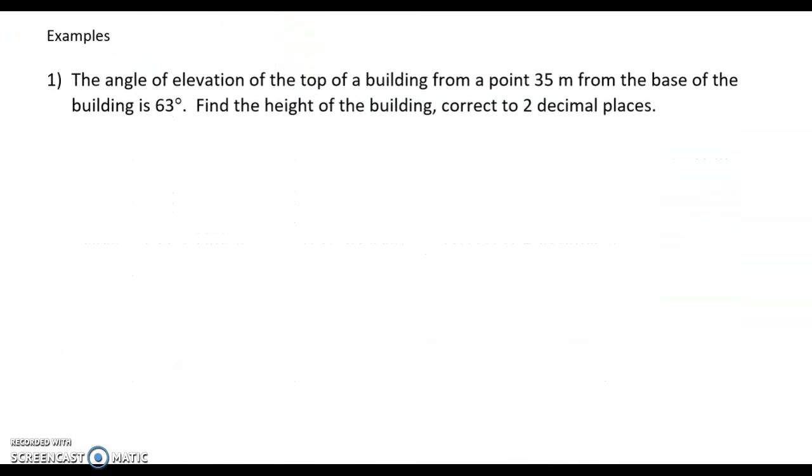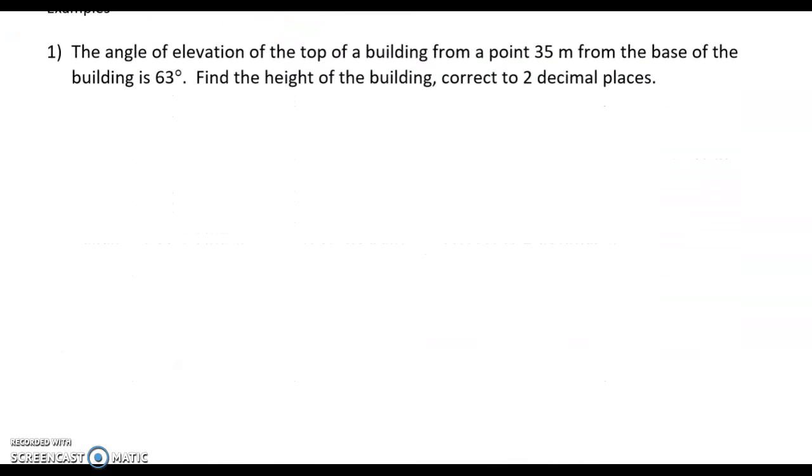Let's look at some examples. The angle of elevation of the top of a building from a point 35 meters from the base of the building is 63 degrees. So we've got a building and there's a point 35 meters away and the angle up is 63.